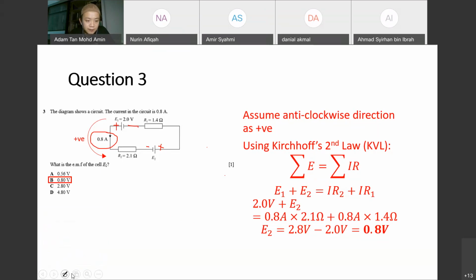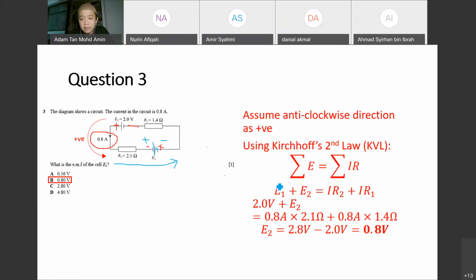If we have a scenario in which the polarities of E2 is reversed. So in this case, because we assume all of the direction in the anti-clockwise is positive, in this case, E2 is actually opposite direction.